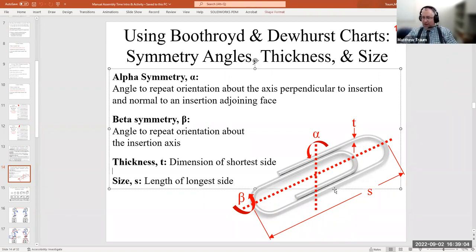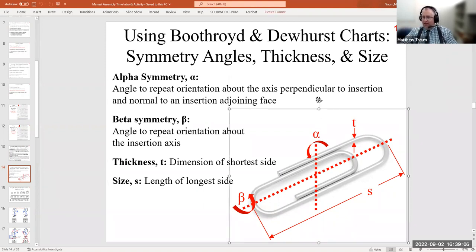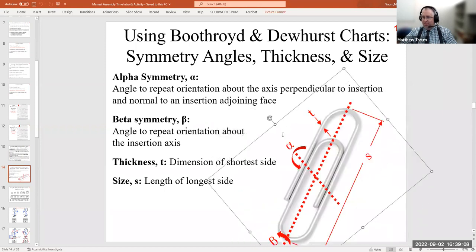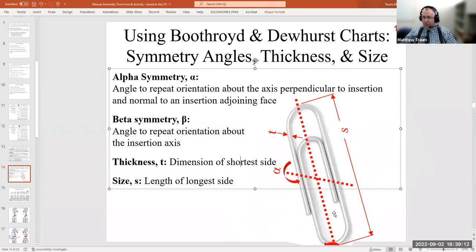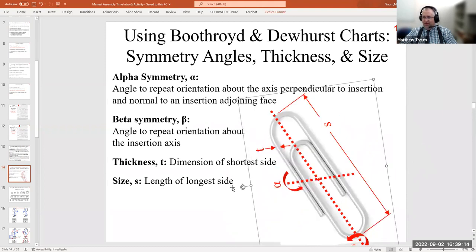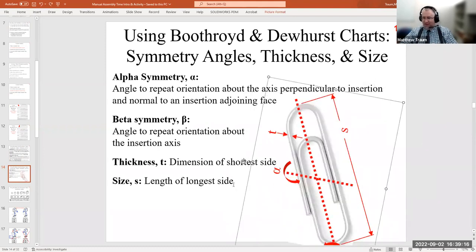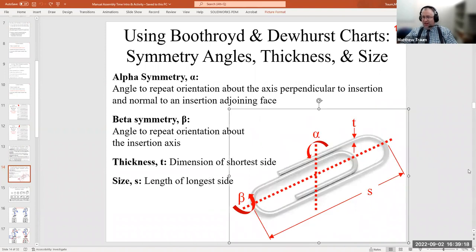So I wonder if I can grab it. Oh, yeah, I can. So rotation of the paper clip this way is rotation in alpha. I couldn't do that in the other sections. There we go. Okay, so that's an alpha rotation. It's both perpendicular to the insertion direction, and it's also a rotation about an axis that's normal to an insertion adjoining face.